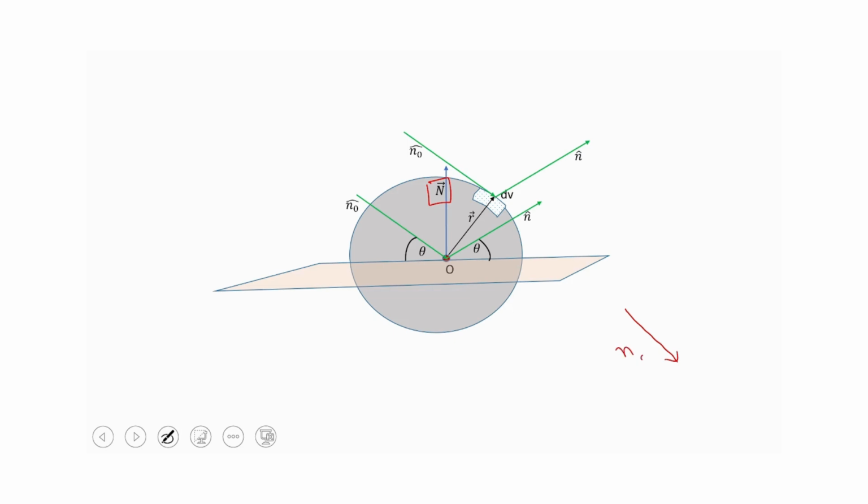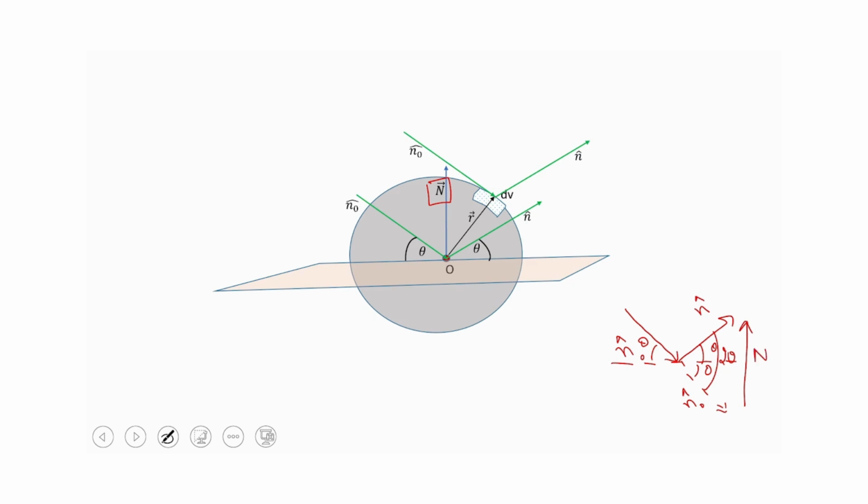If this is my incident unit vector and this is the reflected or scattered X-ray beam direction, we can reproduce our incident unit vector like this, and it's very clearly visible that the angle between n naught and n cap is 2 theta.